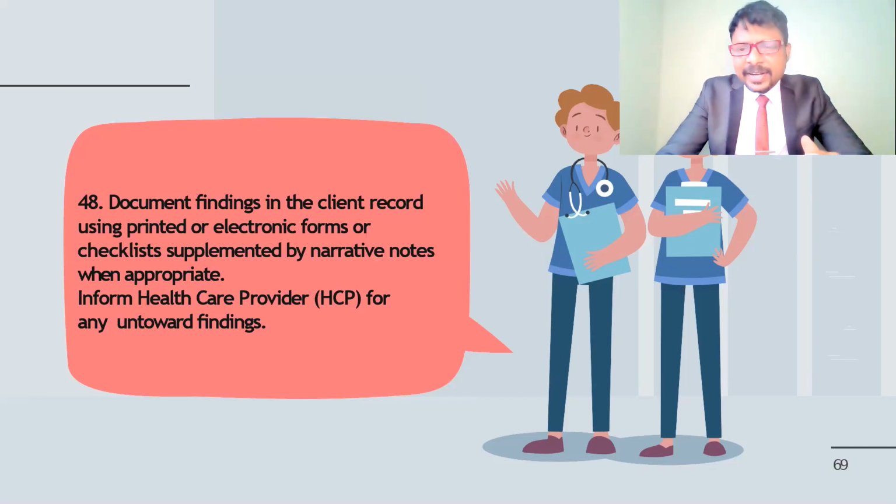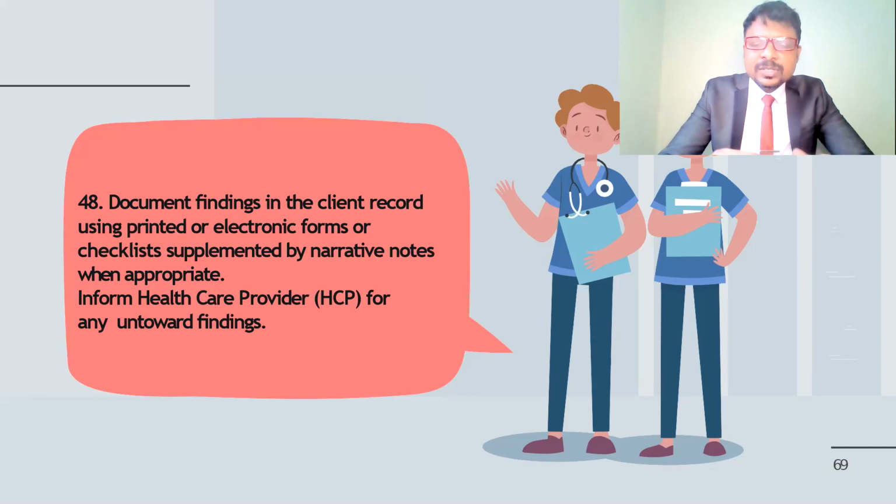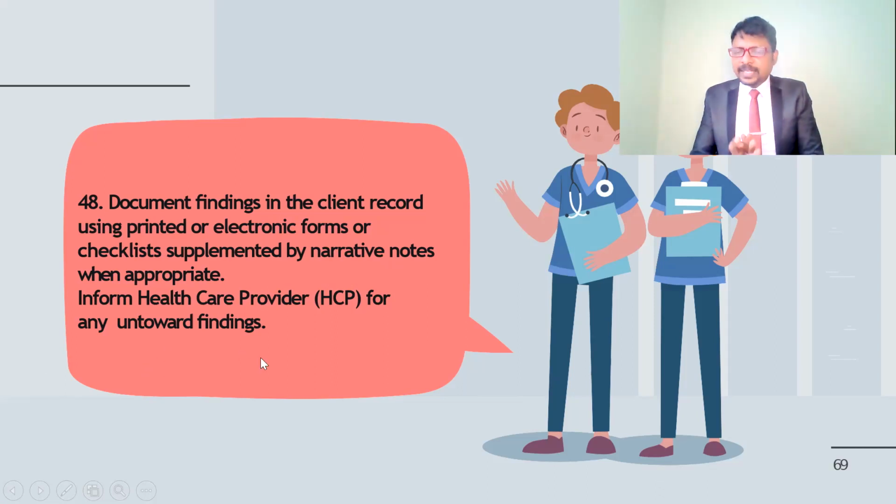After we understand and identify what we observed in the patients, everything should be documented. Document the findings in the client record using printed or electronic forms. Our checklists are supplemented by narrative notes when appropriate. Also inform the healthcare providers of any untoward findings.